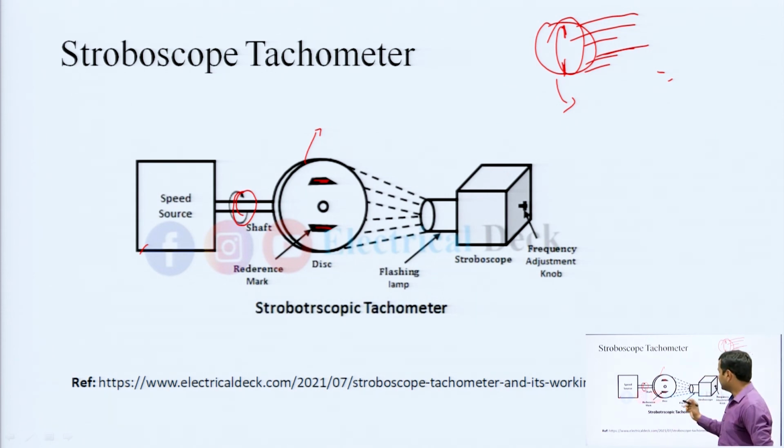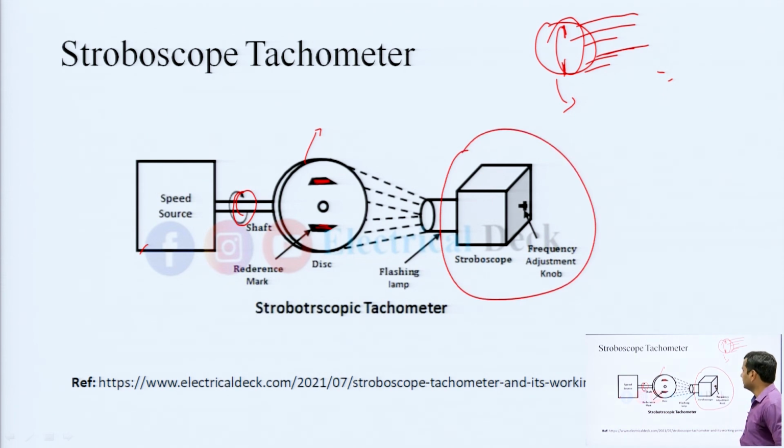You can see the arrangement here: a disc having the stationary mark, and this is known as the stroboscope. A flashing lamp is there, and the intensity of the light produced by the flashing lamp can be controlled by the frequency adjustment knob.